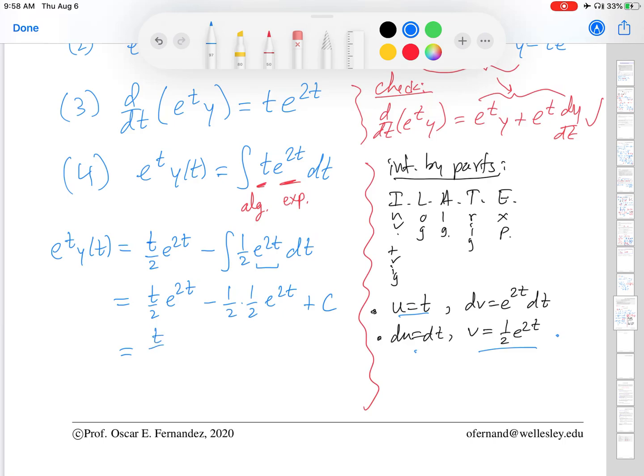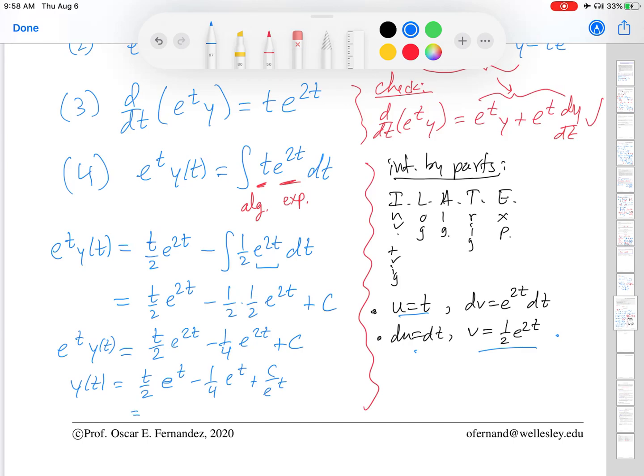So what do we get? We get t over 2 e to the 2t minus 1/4 e to the 2t plus c. And that is all going to be divided by e to the t to find our solution for y. So I get t over 2 e to the t minus 1/4 e to the t plus c over e to the t.